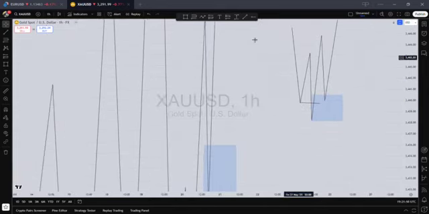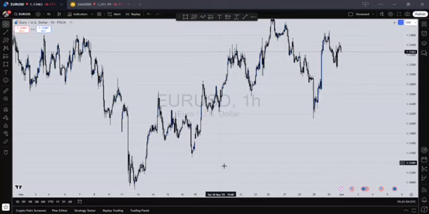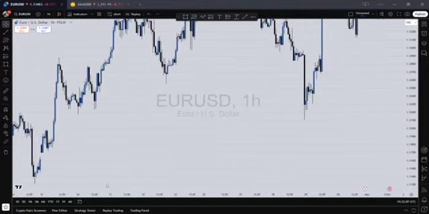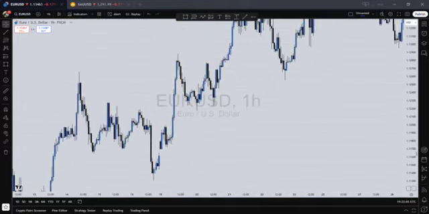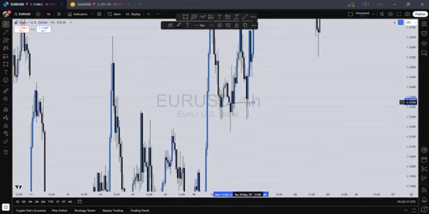For example, look at this example now. First, price taps into the fair value gap. So this is an order block by what I just explained.